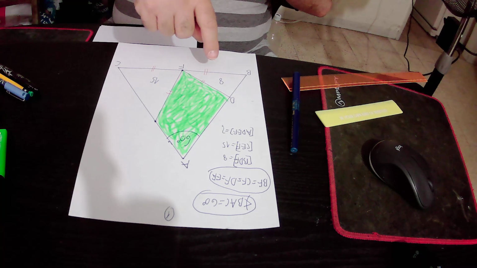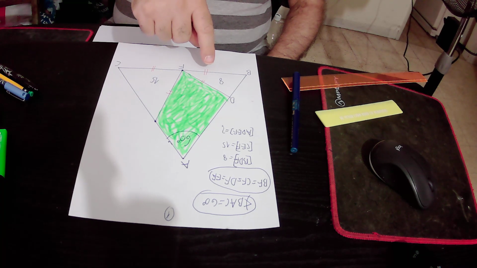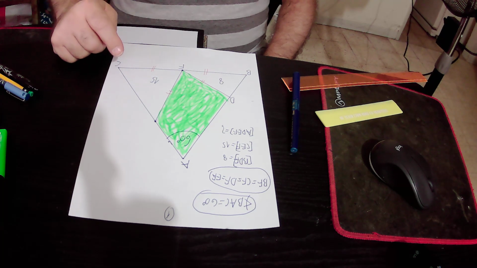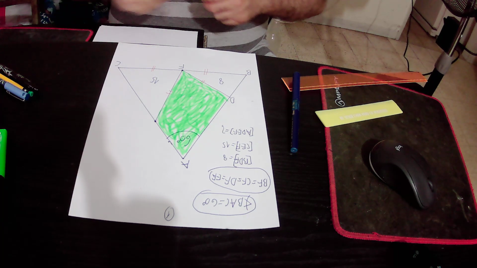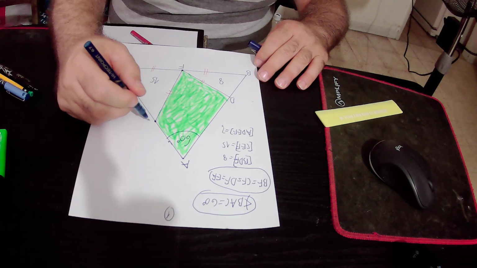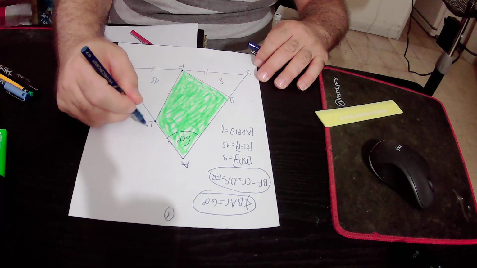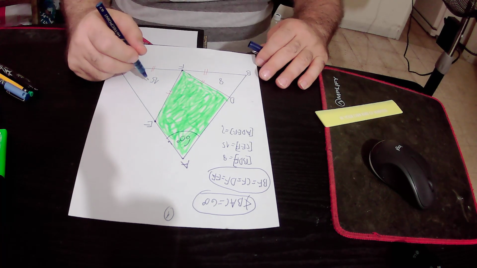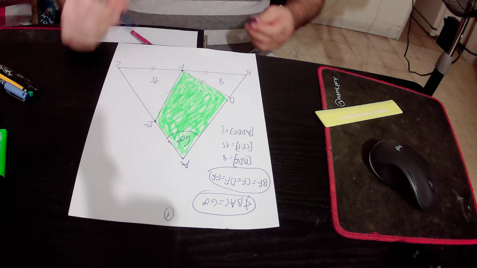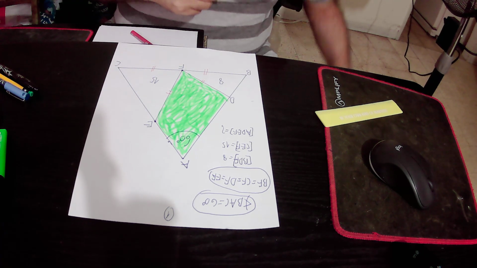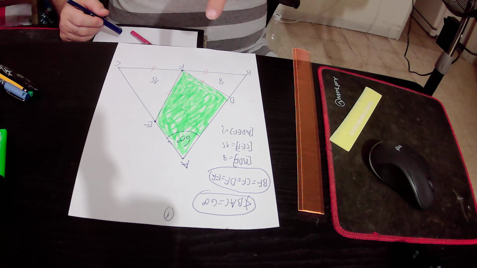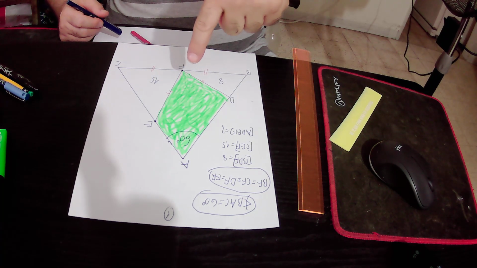The area of triangle BDF is equal to 8 square units, and the area of triangle FEC is 15 square units, and we want to find out the area of the green shape ADEF.